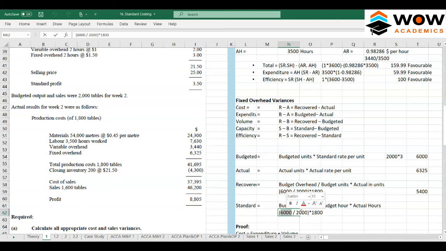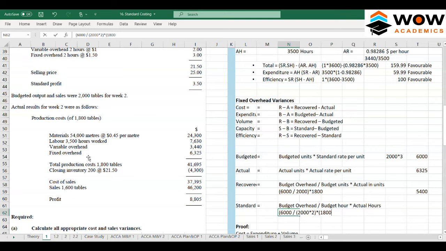Budgeted hours. 2000 units are there, and each unit will take how many hours? As per budget, it will take 2 hours. Actual is 1800, and how many hours does it take? Into actual hours we have to put. Actual hours is not at all available here. As actual hours is not available, we'll better take the labor hours itself, because there are no separate fixed overhead hours.